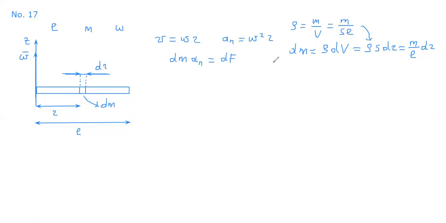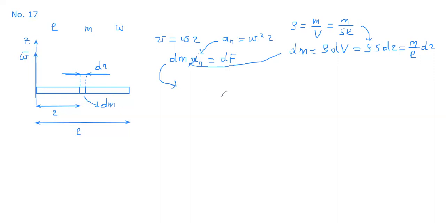Okay, and let's make substitutions. dm we put here, and normal acceleration we put here.